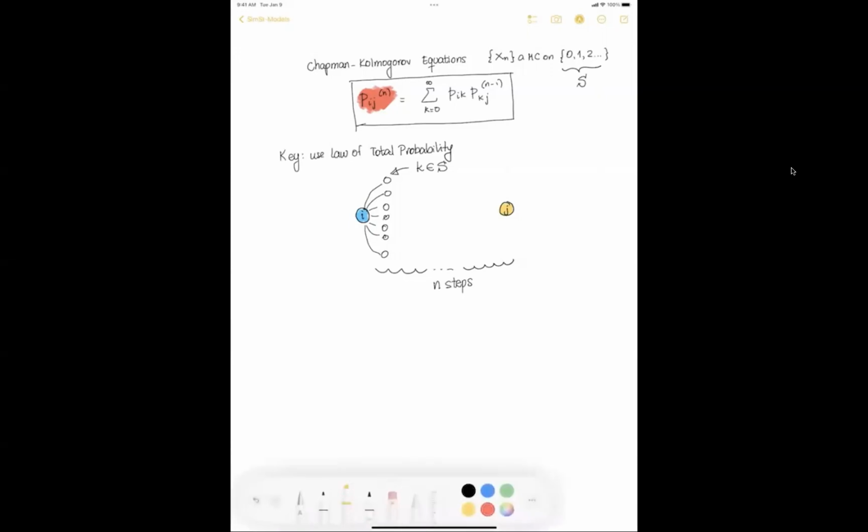So I am going to take a look at the intermediate states, and I'm going to say that in order to go in n steps from i to j, I must have gone to at least one of these states the first time. And this is also called the first step analysis, particularly in the Karlin and Taylor book. It's conditioning on the first step.